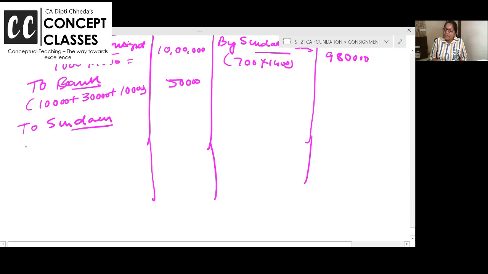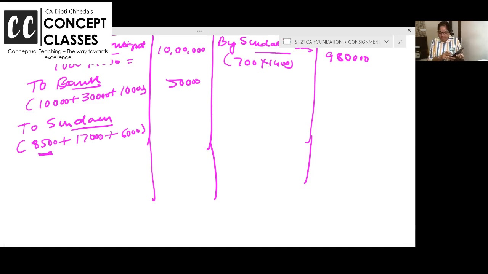Clearing expenses are there, 8,500. Warehousing is recurring. Packing is recurring. So you can underline that in the closing stock only the non-recurring expenses, which are clearing and forwarding charges, are included. Clearing means they are freeing the goods from the transporter. The total expenses incurred by Sundaram I'll reimburse, recurring and non-recurring, but recurring will not be a part of the stock. You may be saying, ma'am, why are you repeating this dialogue so many times, because a few things are to be explained. Few things are for you all to learn and go.